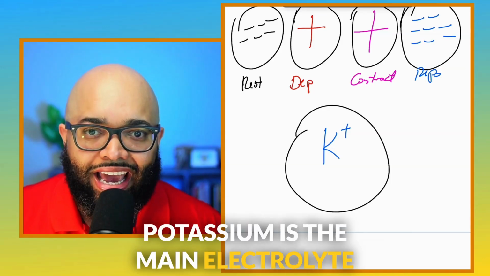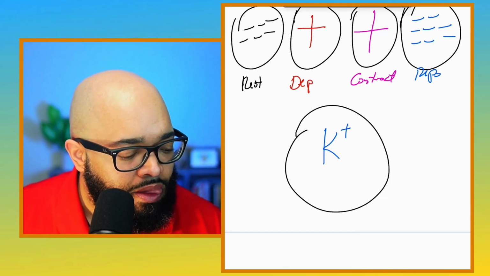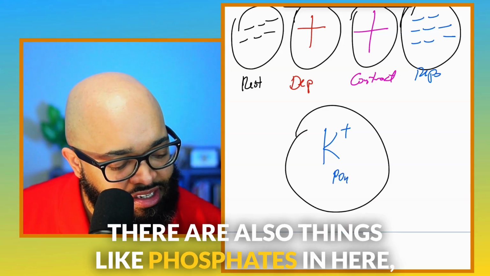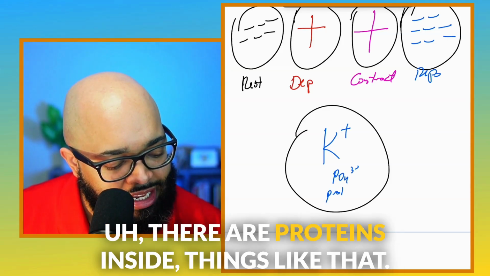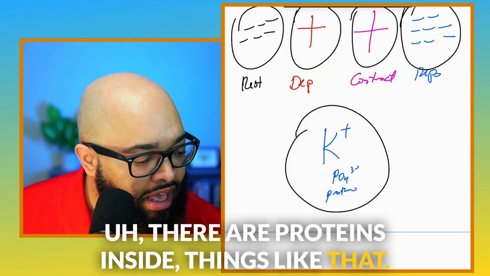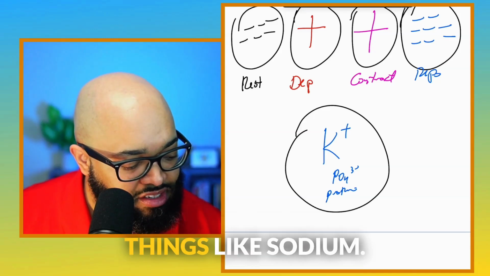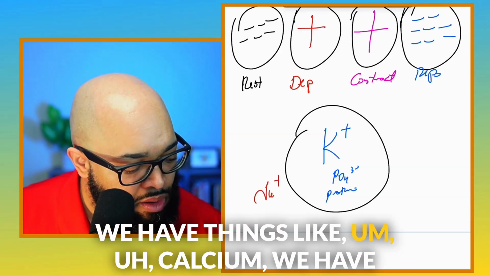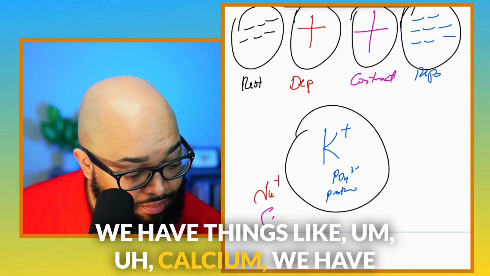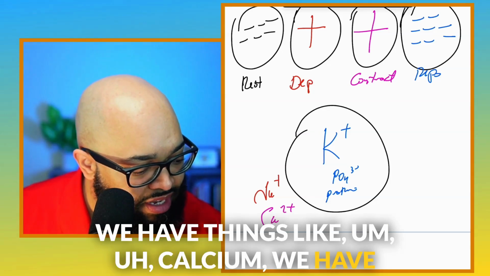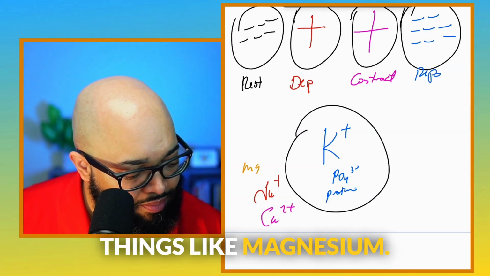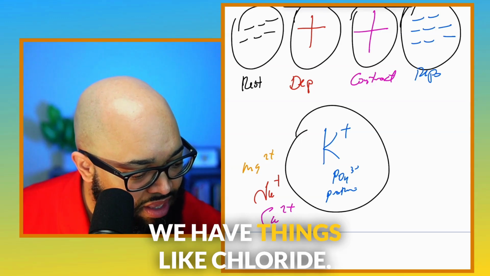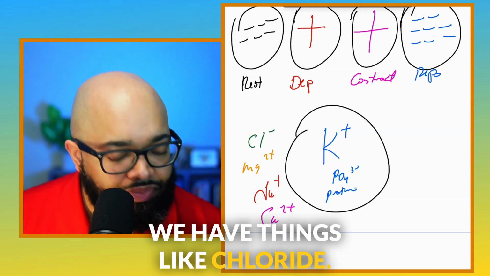Potassium is the main electrolyte inside of the cell. There are also things like phosphates in here, there are proteins inside, things like that. On the outside of the cell, we have things like sodium, we have things like calcium, we have things like magnesium, we have things like chloride.